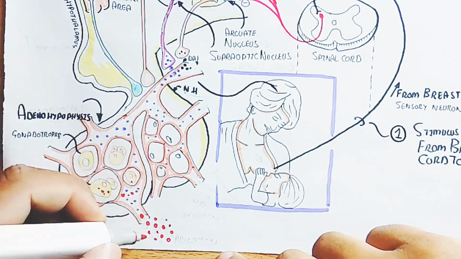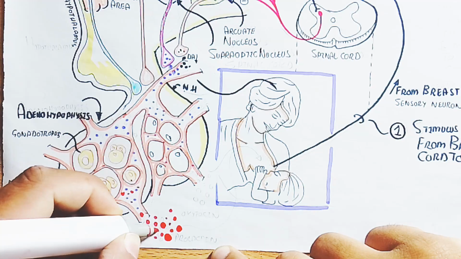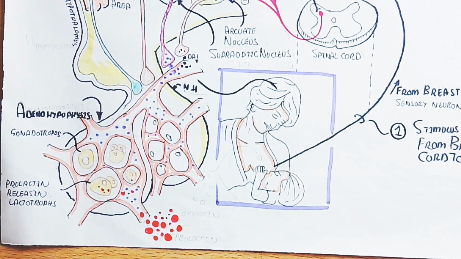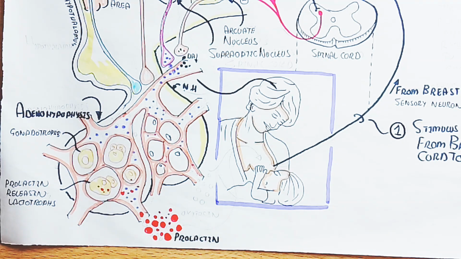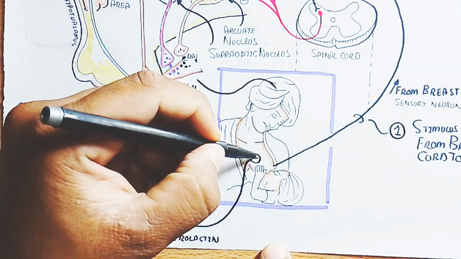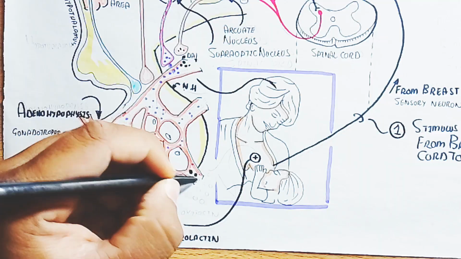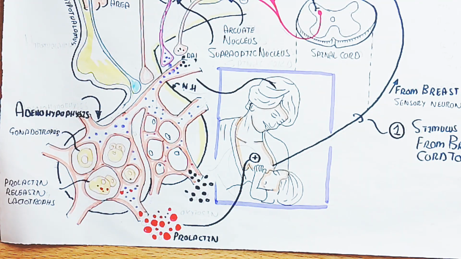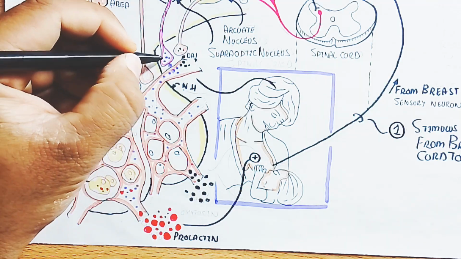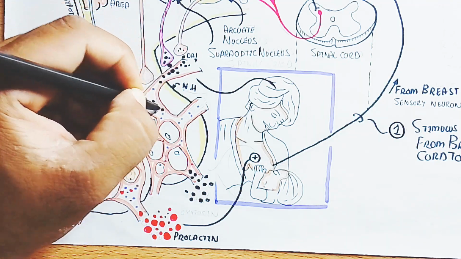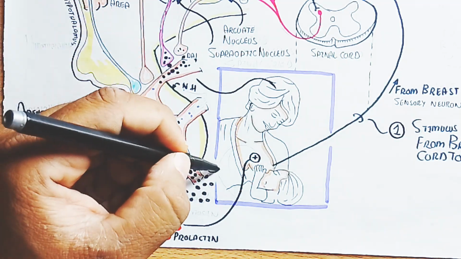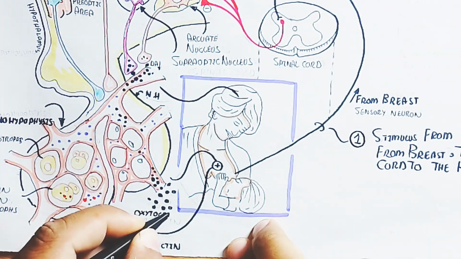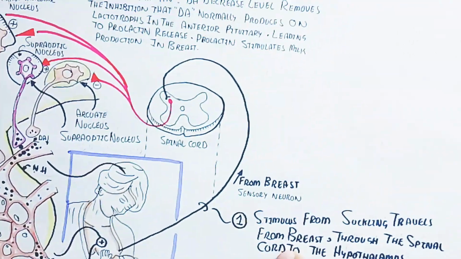So the prolactin will increase due to the lactotrophs being stimulated, while the gonadotropin releasing hormone will decrease due to the preoptic area being inhibited as a negative feedback. If the preoptic area is stimulated, it leads to an increase in gonadotropin releasing hormone.